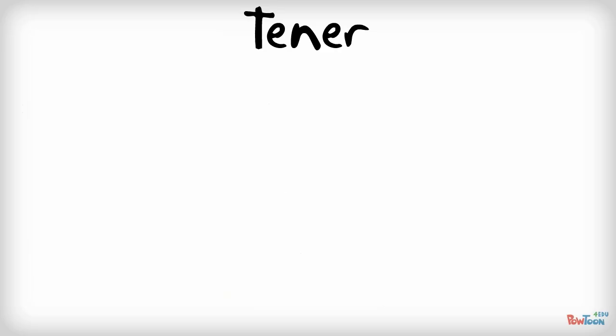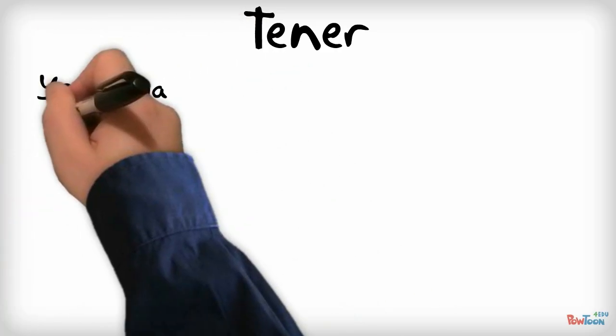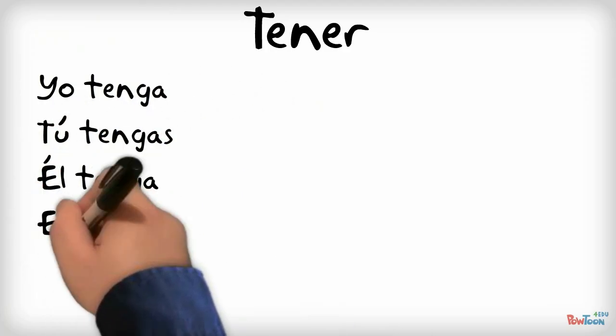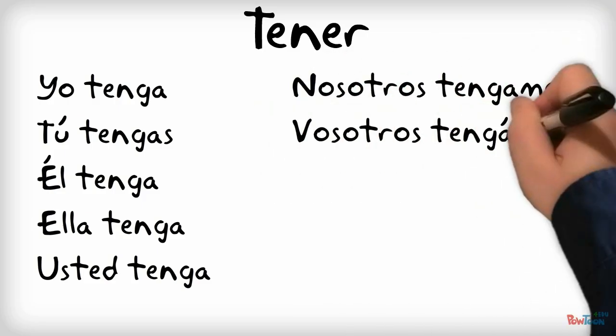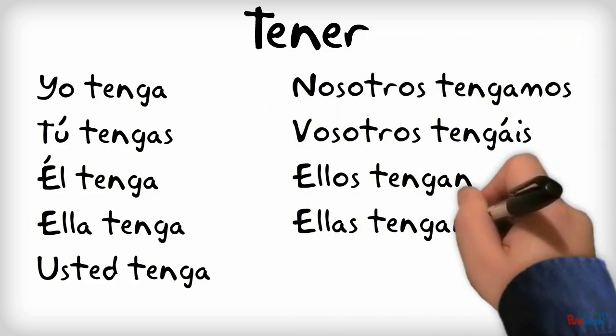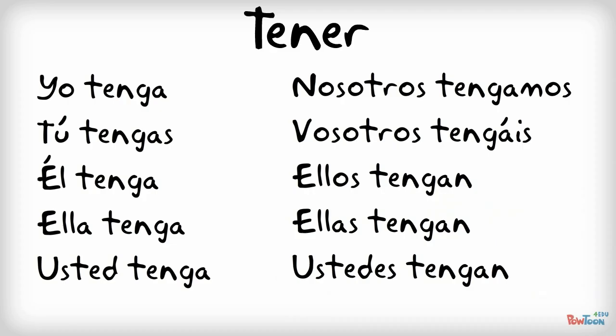Does your verb chart look like this? Yo tenga, tú tengas, él, ella, usted tenga, nosotros tengamos, vosotros tengáis, ellos, ellas, ustedes tengan.